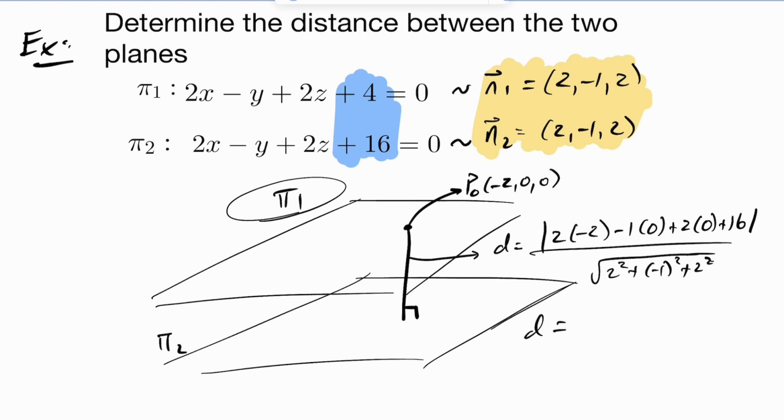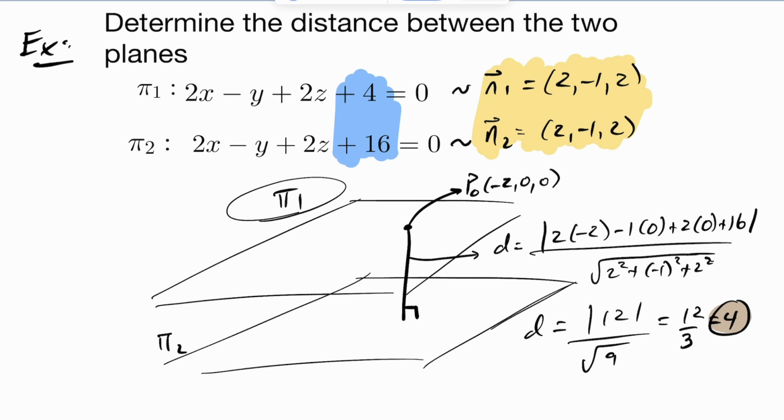If I do my math on this, I end up getting the absolute value of 12 over the root of 9, and you end up getting 12 over 3, and the distance between these two planes is uniform, it's 4. Also, the distance between any point on the plane to the other plane is also 4.